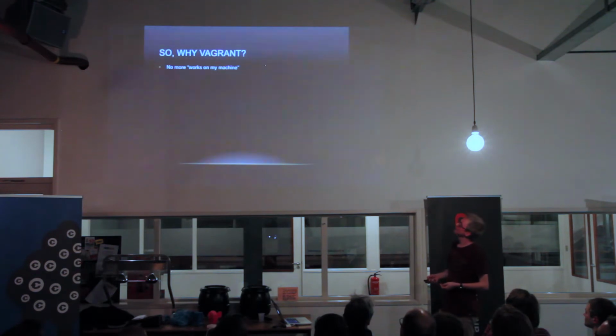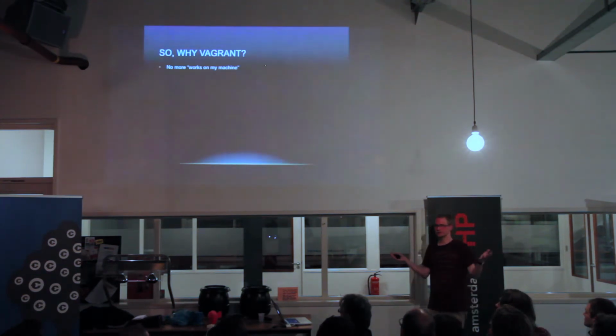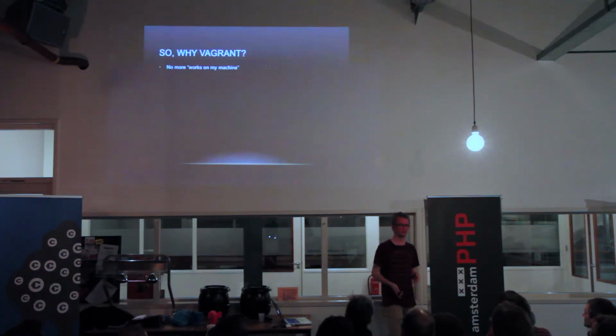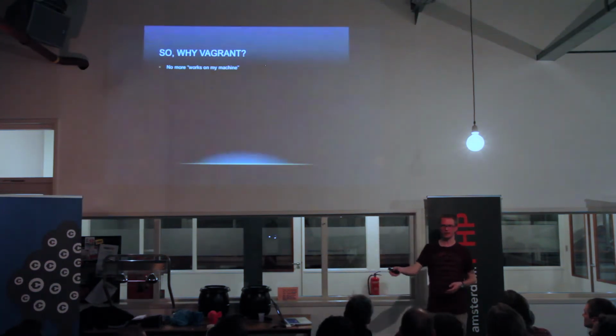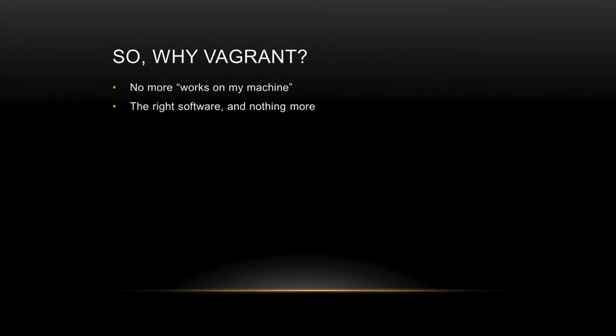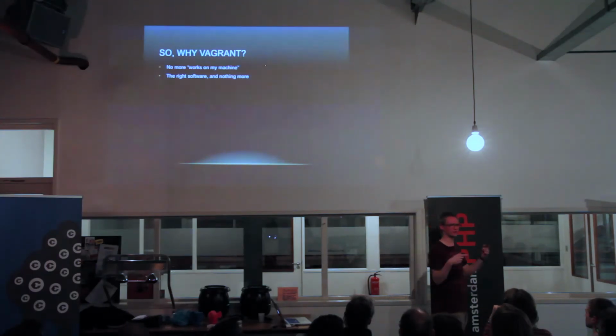And since I've been using Vagrant in teams with 8 developers, it just disappeared. They're all on the same machine, so if it happens here, it should happen there as well, and it does. And the fun thing is, well, that's somewhere down the list, you have the right software and nothing more, so you know exactly what's running your application and what could interfere with it.